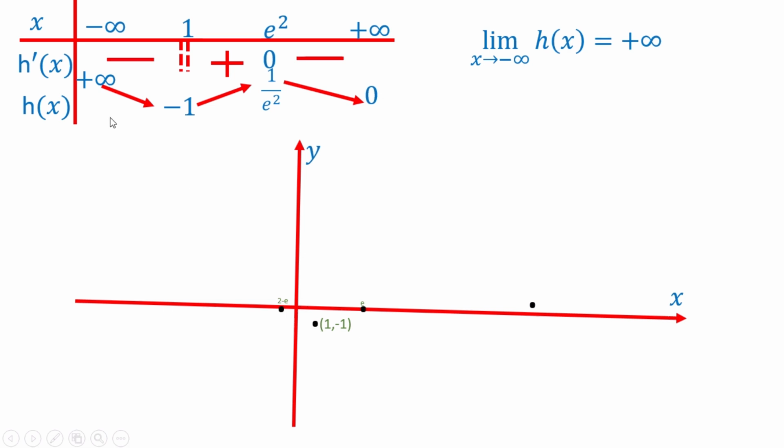Let us construct the curve over minus infinity 1. The function is decreasing from plus infinity, and the curve admits an asymptotic direction parallel to x prime x, like this.